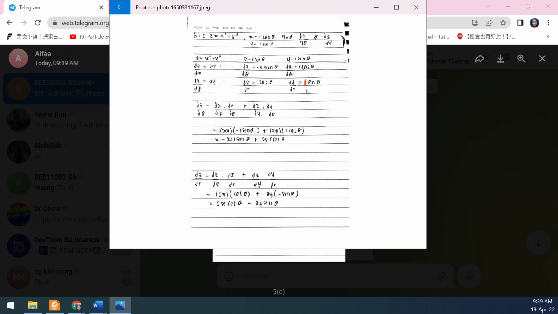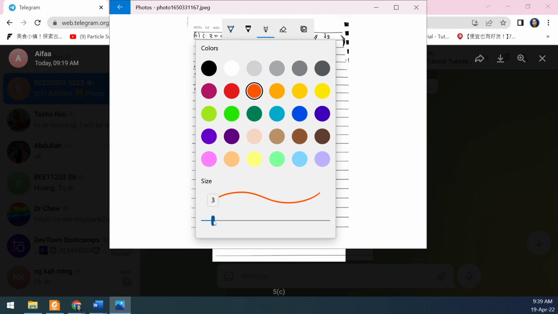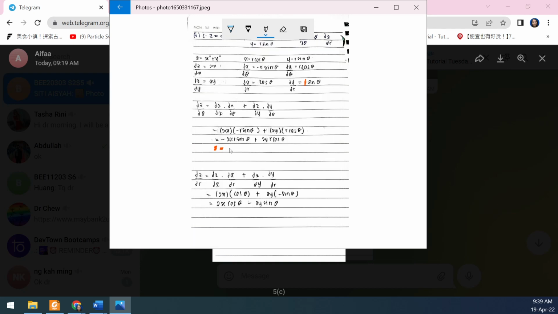Okay, this one positive. So you get negative 2xr sin theta. Del z del y, correct, 2y, del y del theta, r cos theta, so 2yr cos theta. So replace back your x.